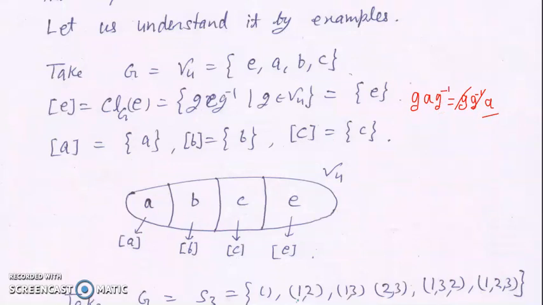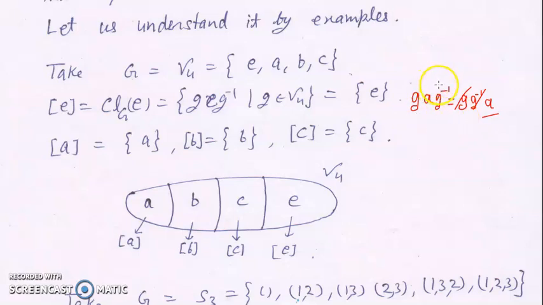Suppose I take a group G to be V4, that is Klein's 4 group. Its elements are E, A, B, C. Let us determine the conjugacy class of each of its elements. Note one thing, that this group is an abelian group. So suppose I take an element A in this group and calculate G A G inverse.